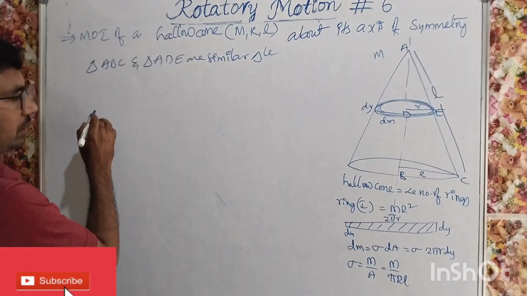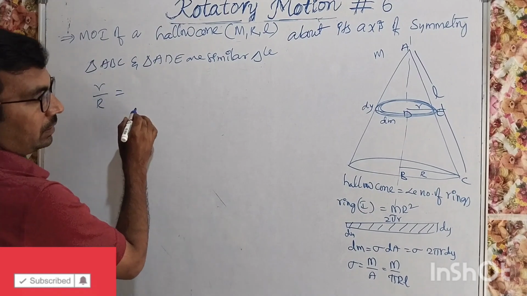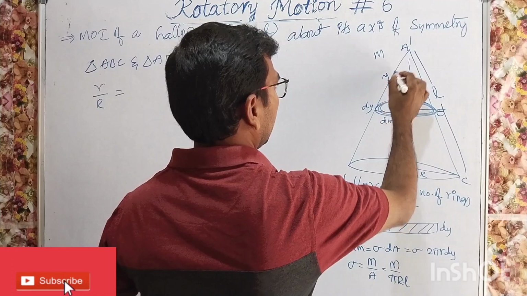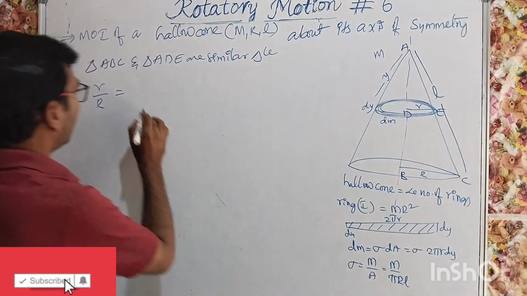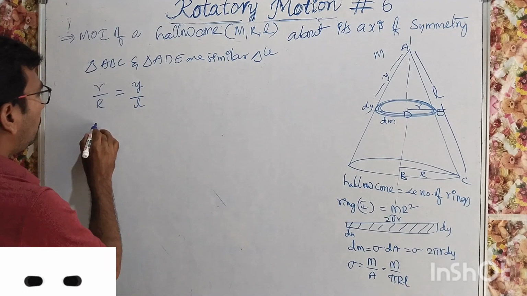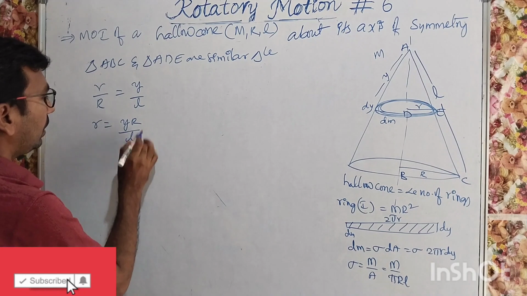From that you can write small r by capital R is equal to, so this length I will consider total L, and this length I will consider y, so y by L. So small r is equal to y R by L.